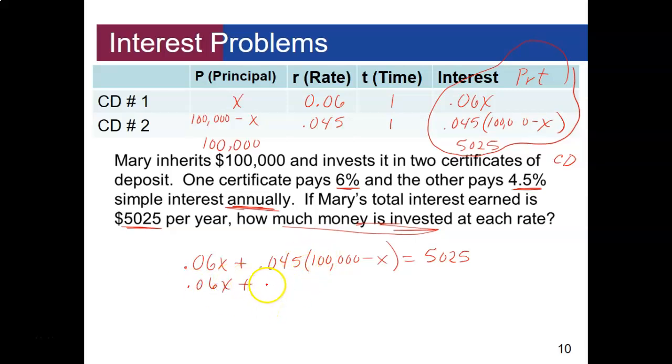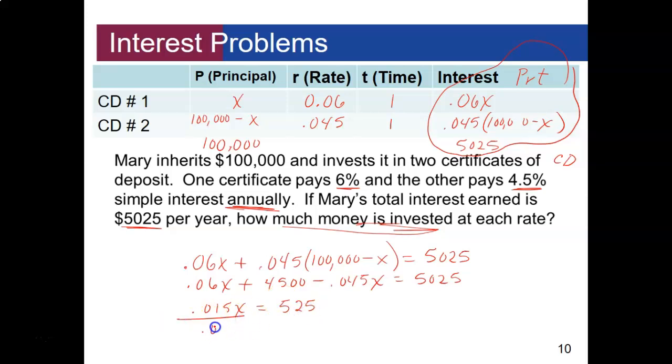We'll distribute through here, and when we do, we get 4,500 minus 0.045x equals 5,025. If we subtract here, we'll have 0.015x, and then subtract the 4,500 from both sides, and I'm going to have 5,025 minus 4,500.